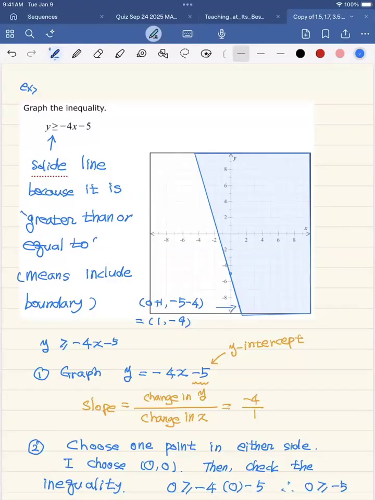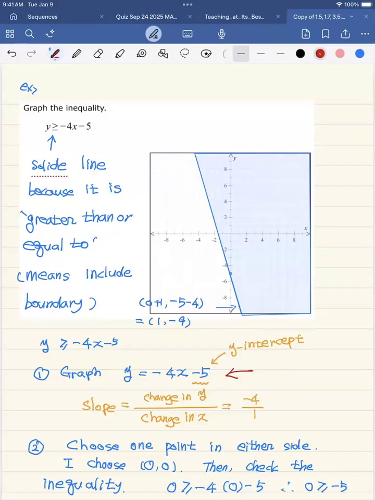In the next inequality, we have y is greater than or equal to minus 4x minus 5. The first thing we have to do is graph y equals minus 4x minus 5.